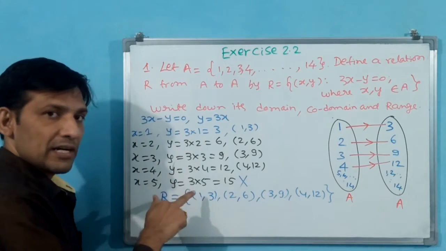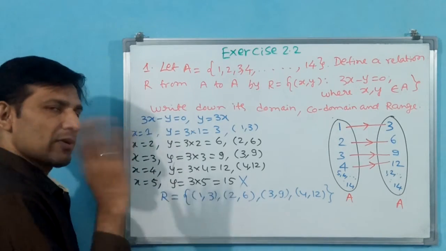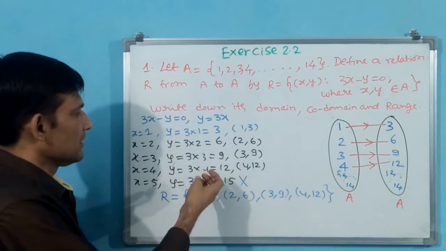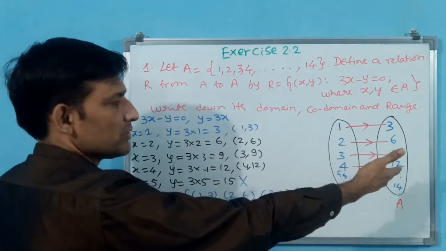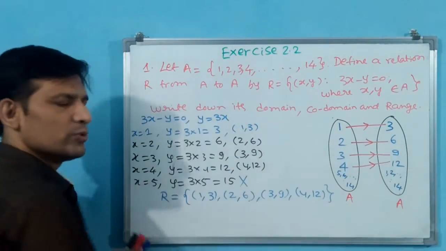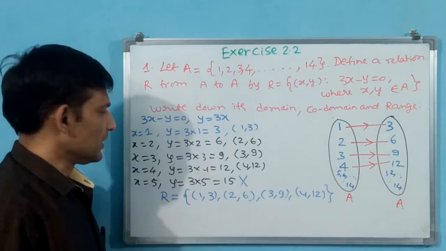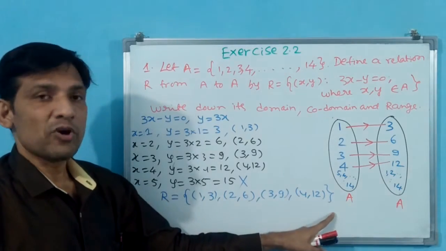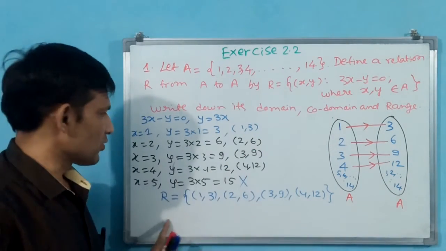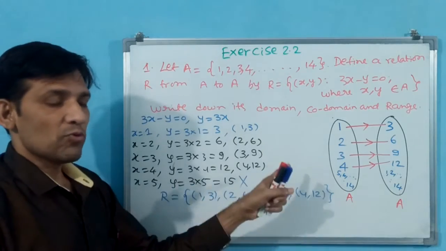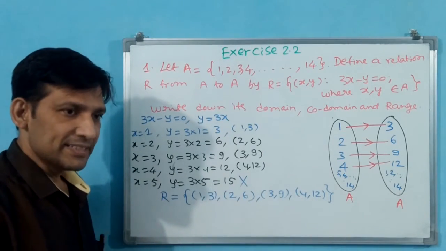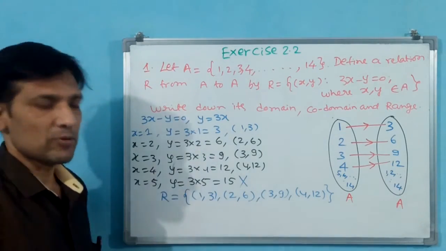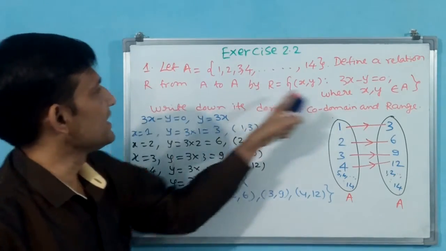Even this working and all you need not do, but for your understanding I have done. Draw diagrams also if they ask you; or else you need not draw. But this roster form anyway you have to write. Why? Because set builder he has given, so roster form you have to write. If they give roster form and ask you to write in set builder form, then you have to write set builder form. This is the relation.